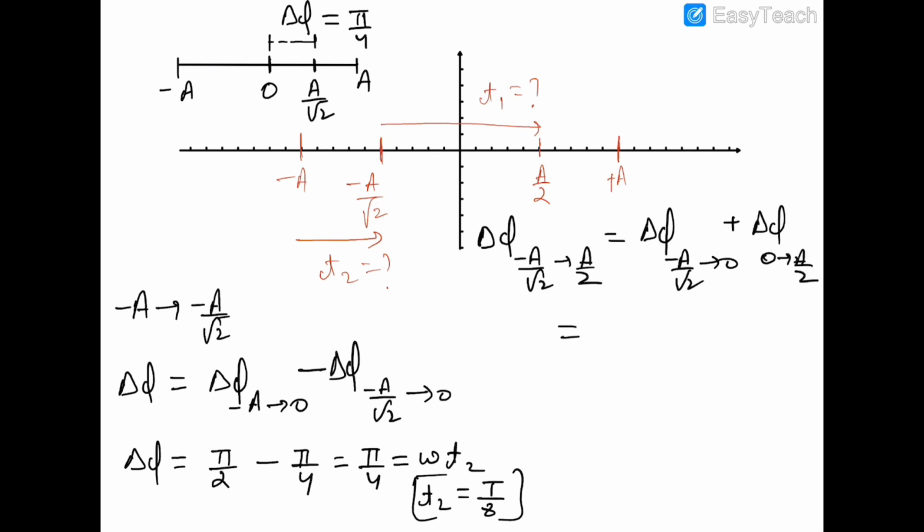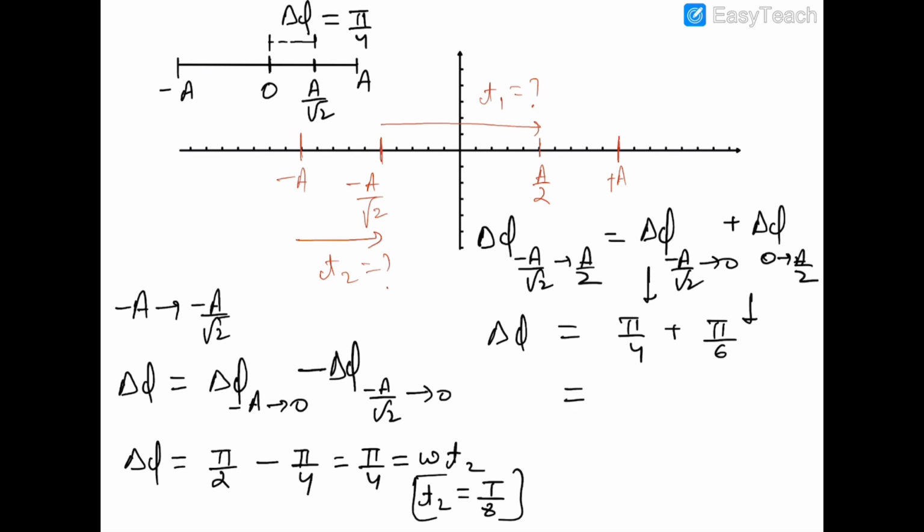So this phase delta phi will be equal to pi by 4 plus this phase, which we have already calculated in this video: when the particle moves from 0 to a by 2, the change of phase is pi by 6, 30 degrees.